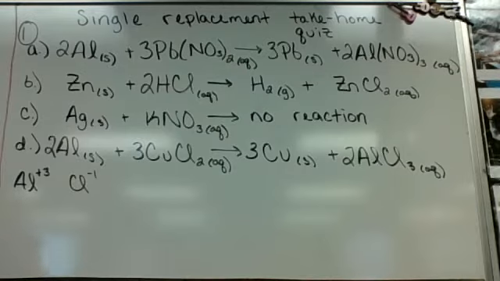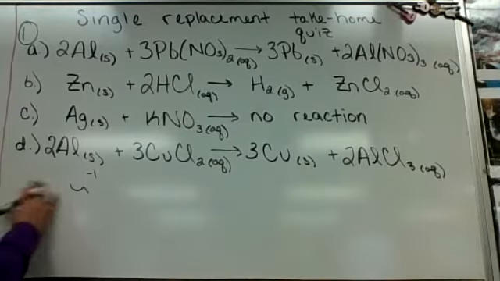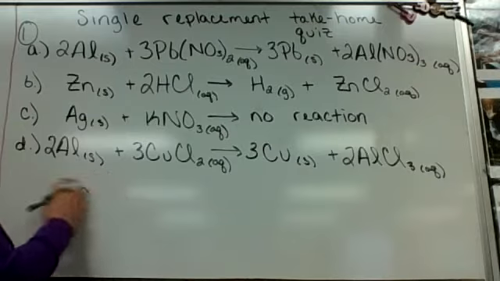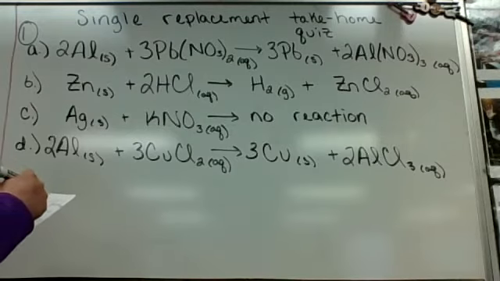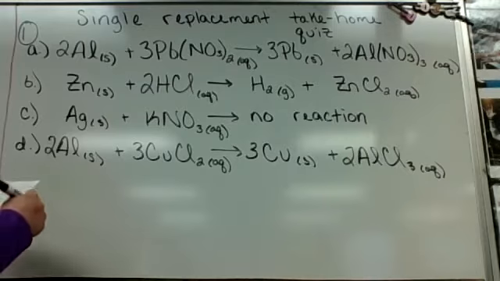H2 is a gas, F2 is a gas, Cl2 is a gas. However, bromine is a liquid, Br2 is a liquid, and then I2 is a solid. You do have to memorize your phases on your diatomics. It goes in order from gas to liquid to solid.